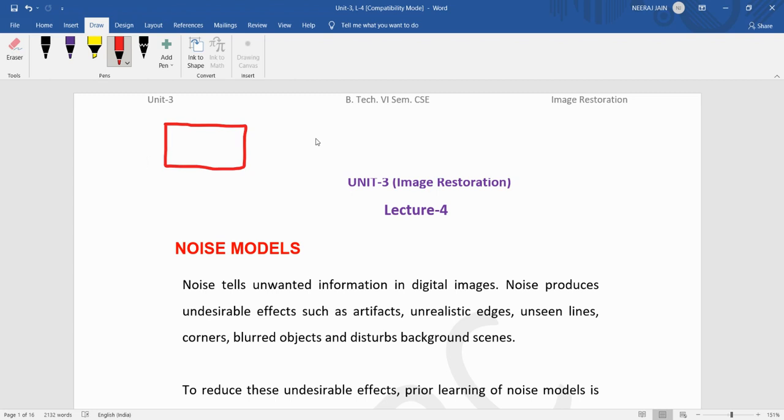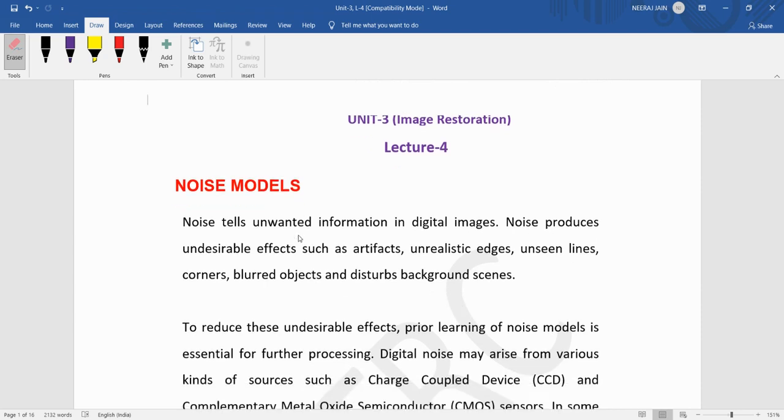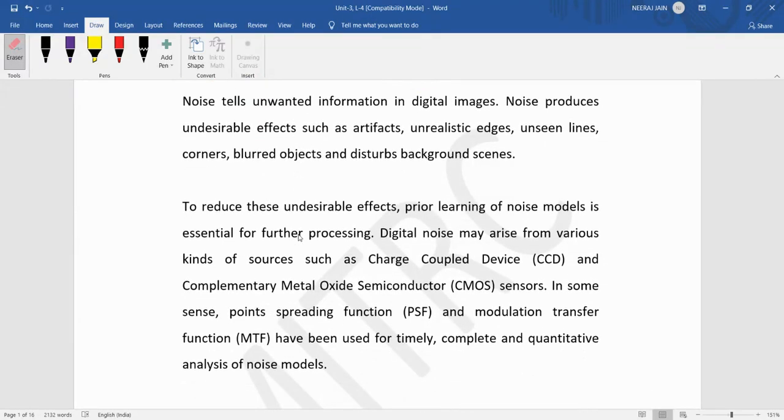Basically, noise occurs either in the acquisition of the image or in the transmission of the image through the channel. So that should be removed. If we are familiar with the noise model, then we can remove it. Otherwise, it is not possible to remove it completely.